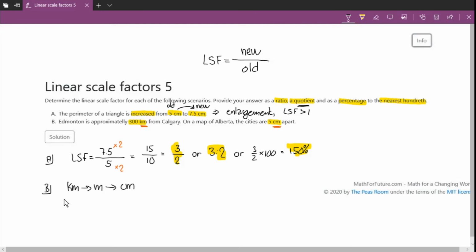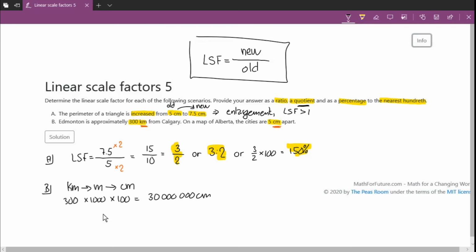We have 300 kilometers. Every kilometer consists of 1,000 meters, so we multiply it by 1,000. And every meter consists of 100 centimeters, so we multiply it by 100. So this is going to give us 30 million centimeters.